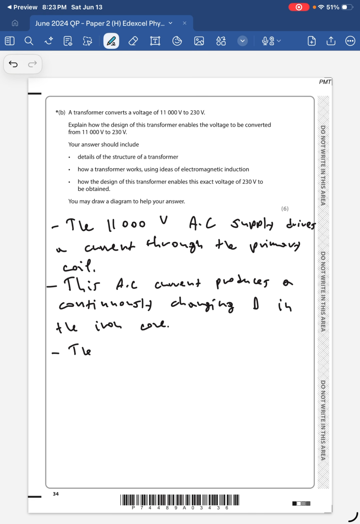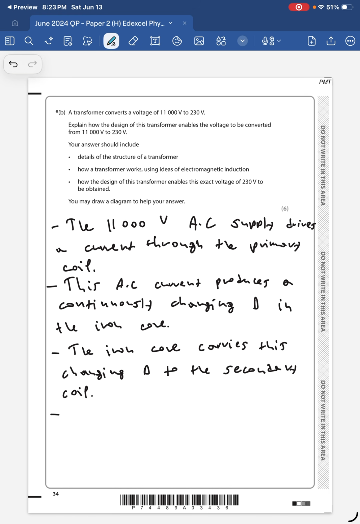Okay, the iron core carries this changing B to the secondary coil, and again B is the magnetic field.